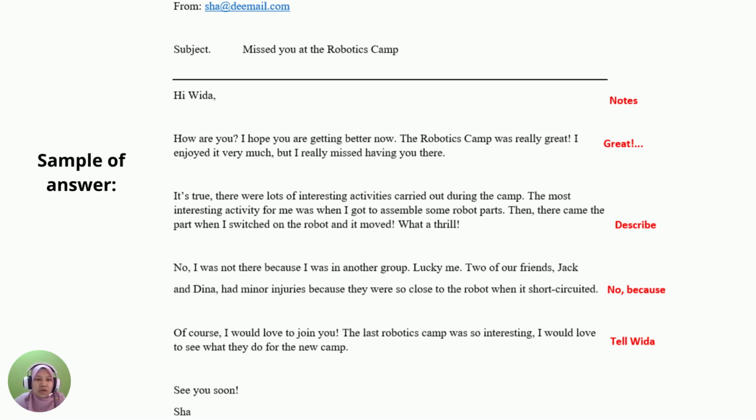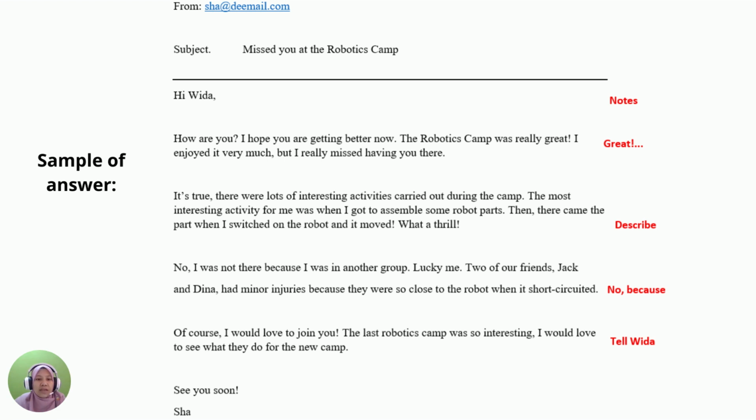It's true, there were lots of interesting activities carried out during the camp. The most interesting activity for me was when I got to assemble some robot parts. Then there came the part when I switched on the robot and it moved. What a thrill. Okay, so we have answered the word describe.